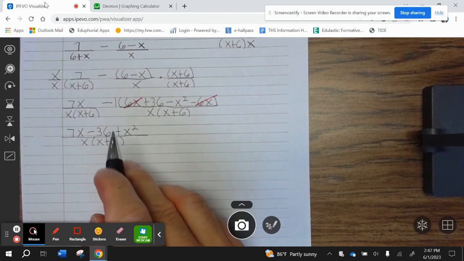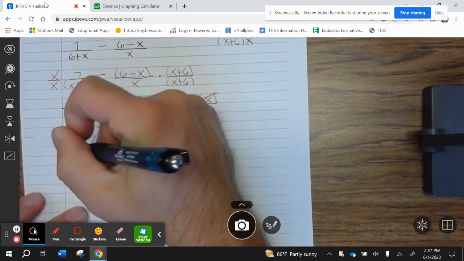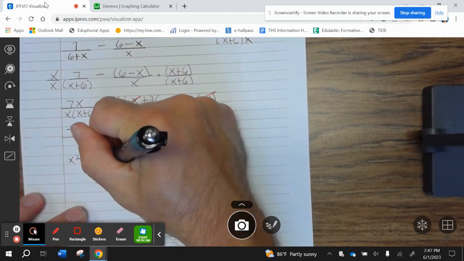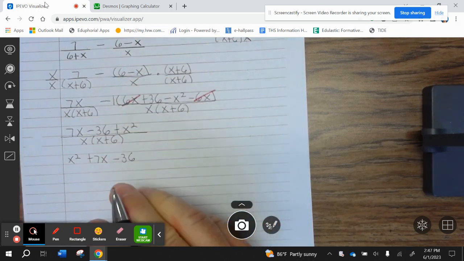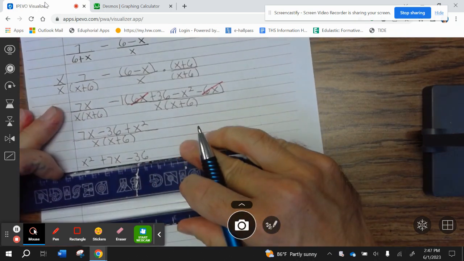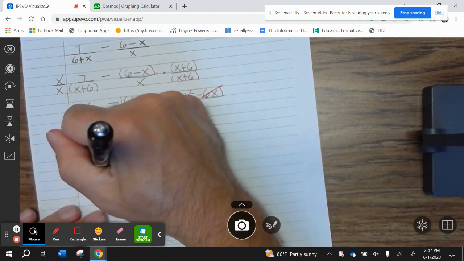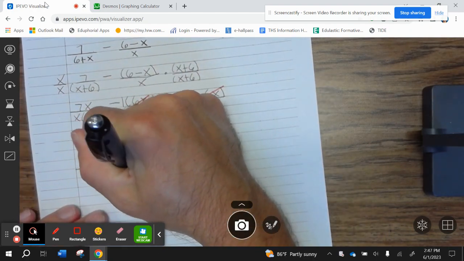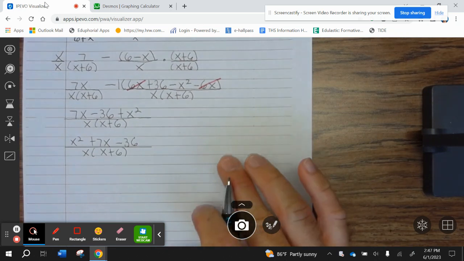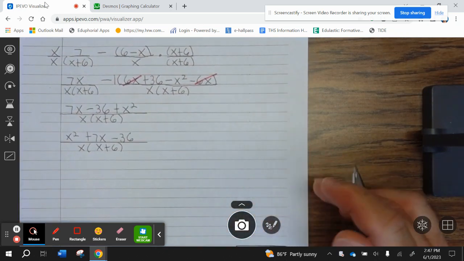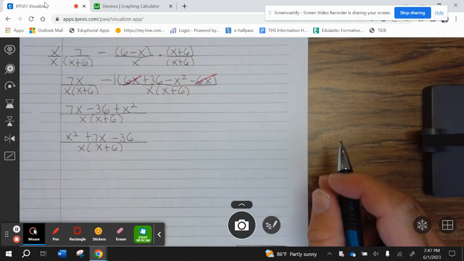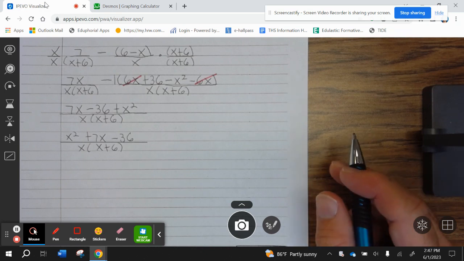Now, we need to reorder this as x squared plus 7x minus 36 divided by x times x plus 6. Okay.